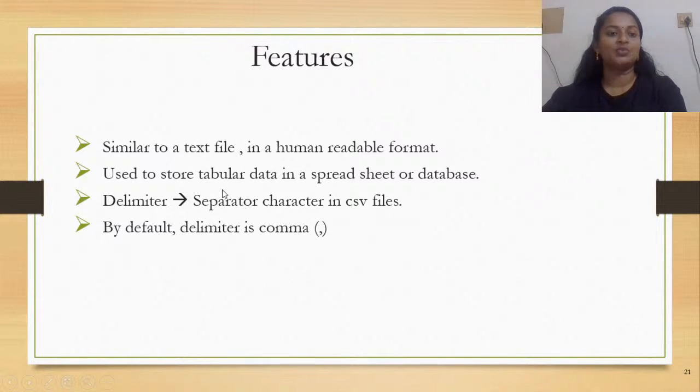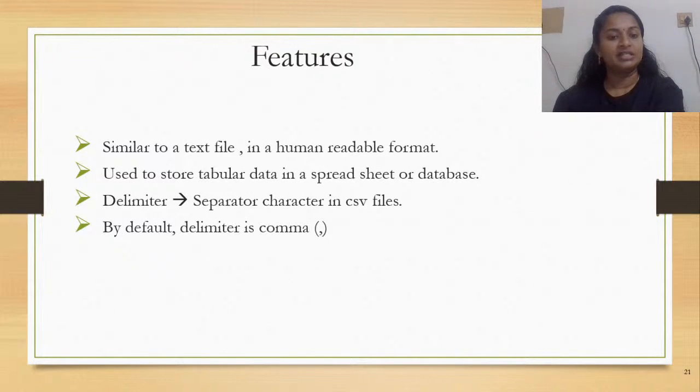The next thing that we need to know is that it is used to store tabular data in a spreadsheet or database. So whatever values you have, it is very easy to get them transformed into a spreadsheet or a database. Why? Because in both spreadsheets as well as in a database, the values are stored in tabular format. That is, you have a row and column representation for it, right?